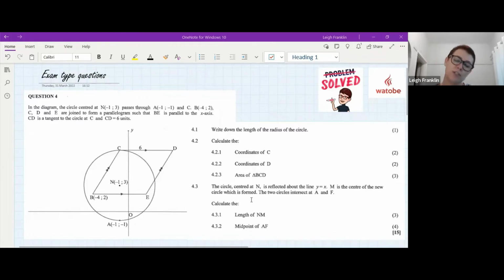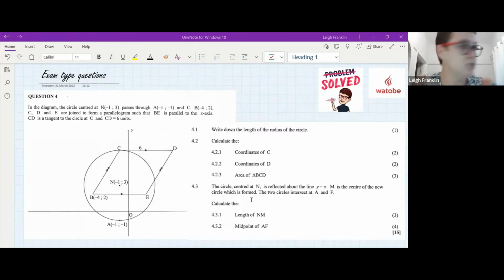Both of these questions have been taken from NSC exams and end of year papers. I think this is a good thing for us to work through together, because it gives you an idea of what you're going to be facing at the end of the year. It also helps you for the exams that you're going to write now and for trials as well. Okay, so let's get started.